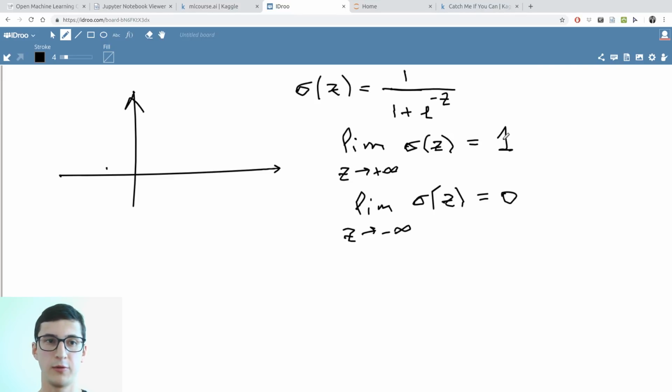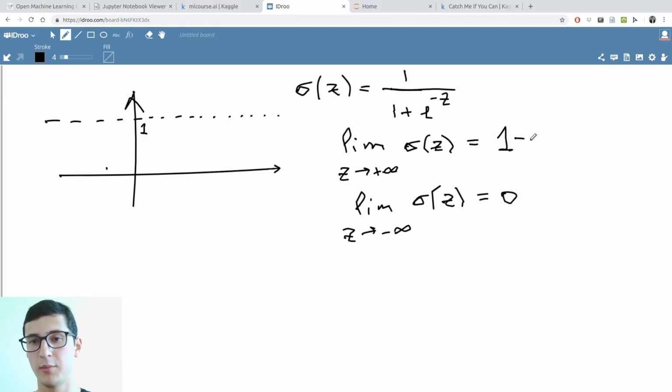Okay, so a bit of mathematical notation from calculus. Let's analyze it a bit. So we've got 1 here. The limit will be 1, but it will approach it from the downside. So actually this limit will be 1 minus 0. It's designated like this, meaning that the function sigmoid of z will be approaching 1 from here.